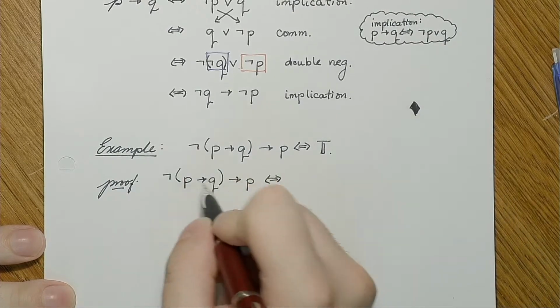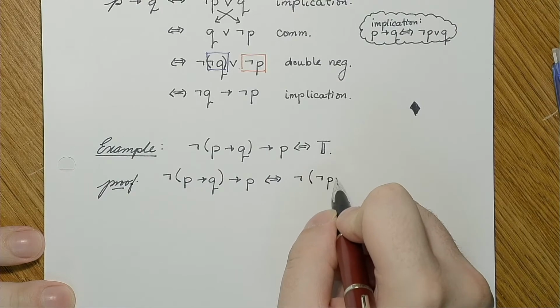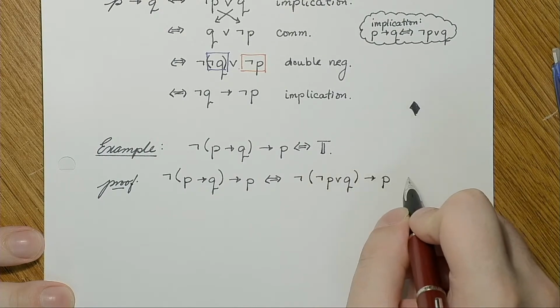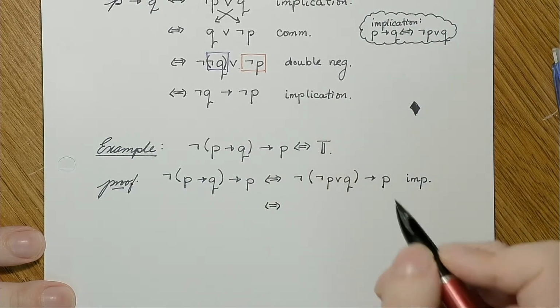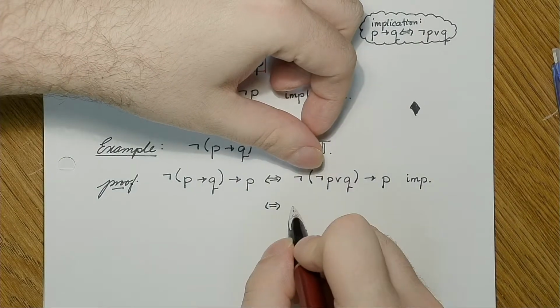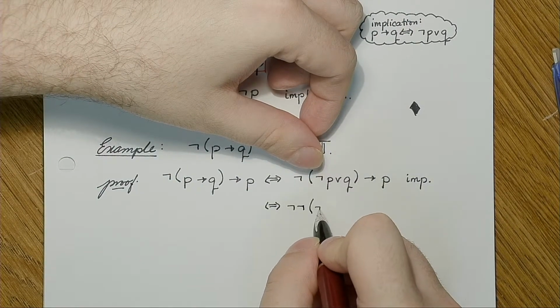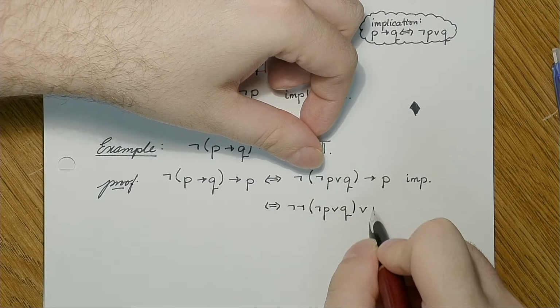Let's do this one first on the inside of the brackets. So not P or Q implies P. So there's the implication. I can apply it again. So it's the negation of the first proposition or the second.